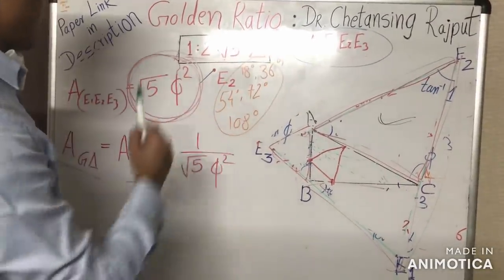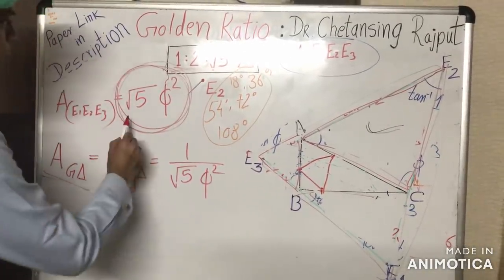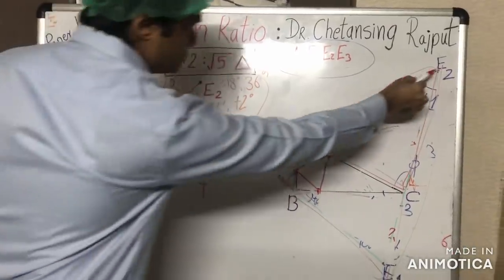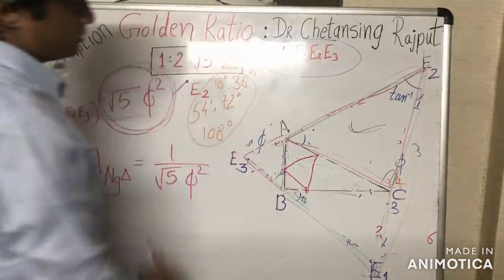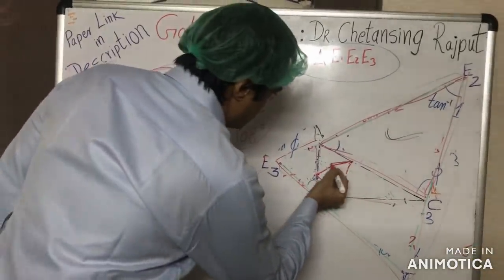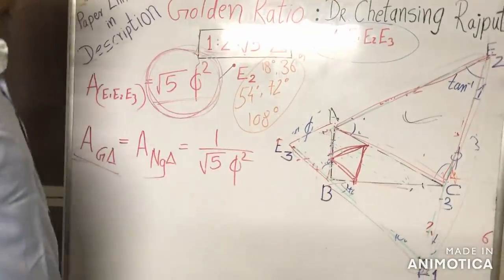Okay, and one more interesting thing about this figure. This is the excentral triangle of the 1 to root 5 reference triangle, and this is the Gergonne triangle of this 1 to root 5 reference triangle.